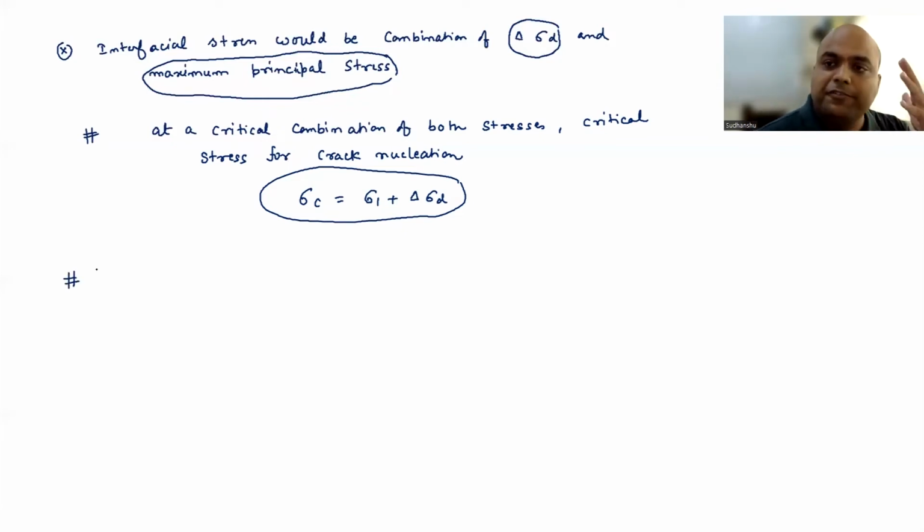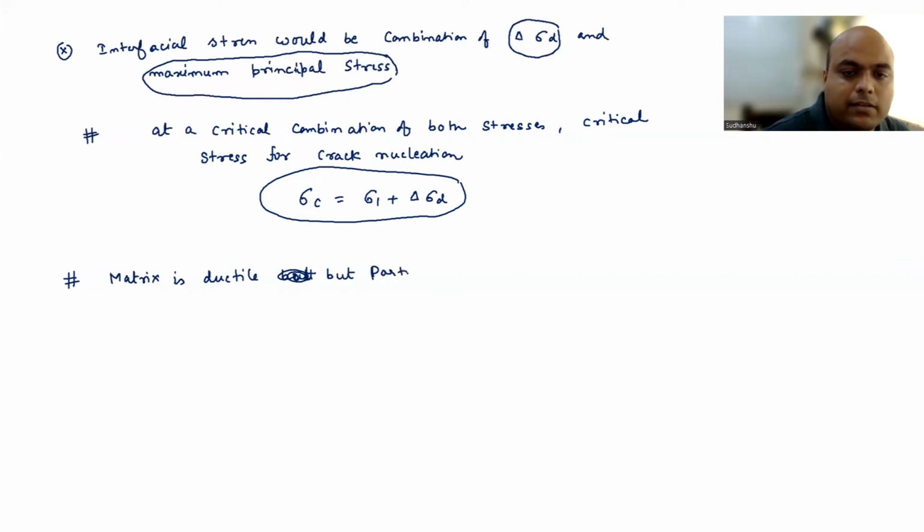So that is another way of thinking of the interaction of dislocation with the particle, and this will also lead to generation of stresses at the interface. So the matrix is ductile, but particles are predominantly brittle, or say hard, right?